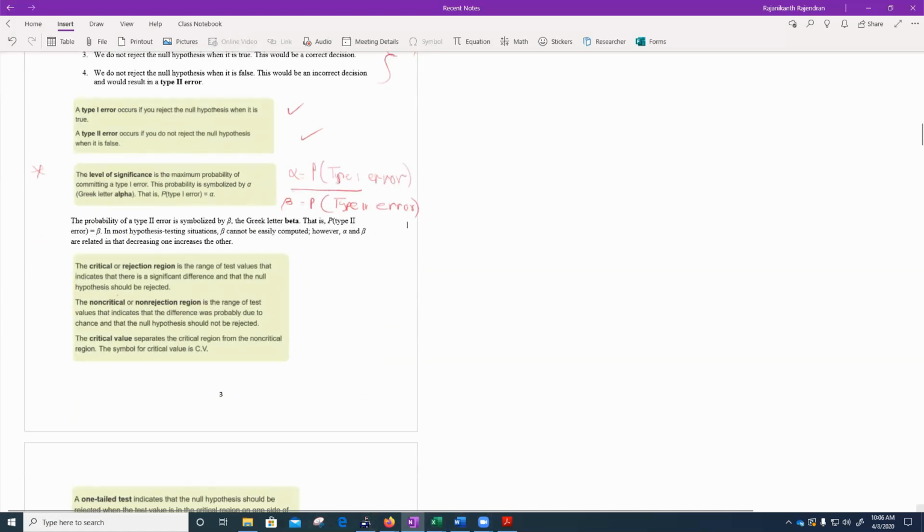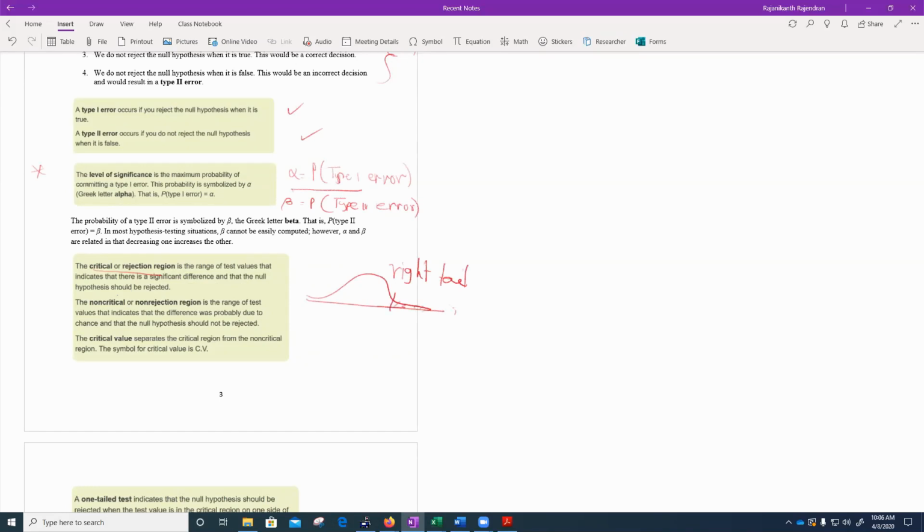Right. Now let's move to the next definition here: the critical or rejection region. What does that mean? Suppose you have a particular test, say a right tail test. If you have a right tail test, what does rejection region mean?